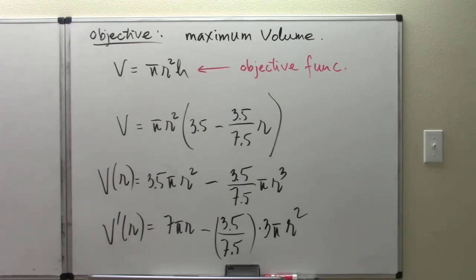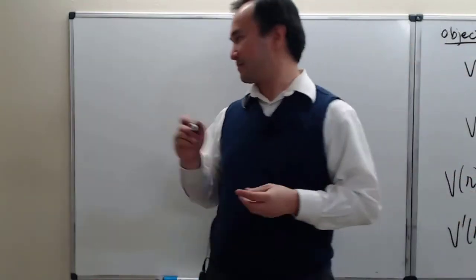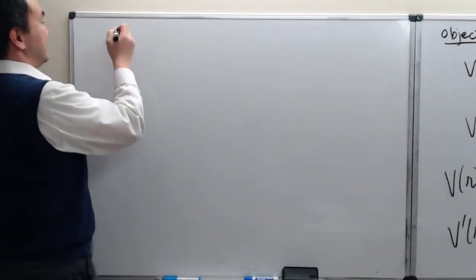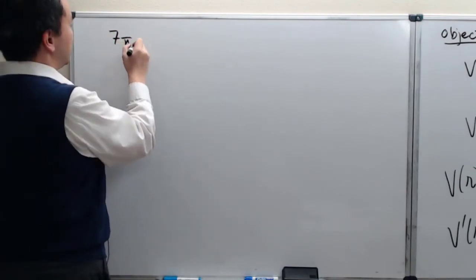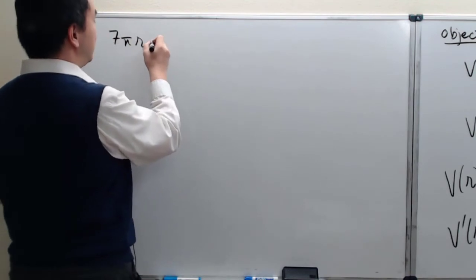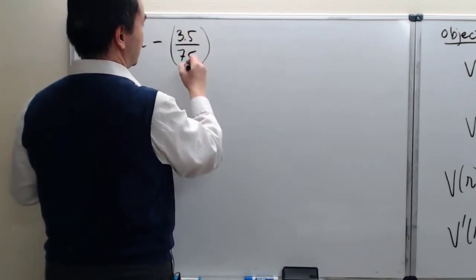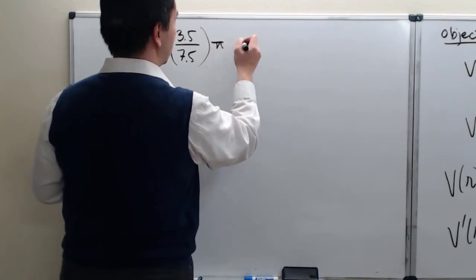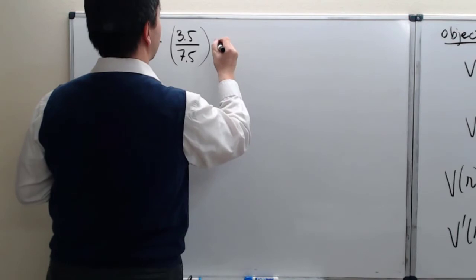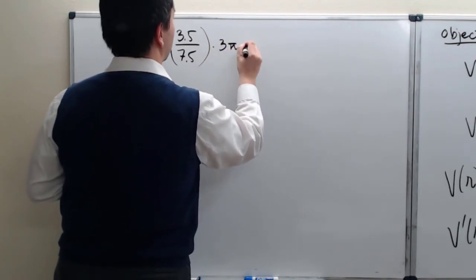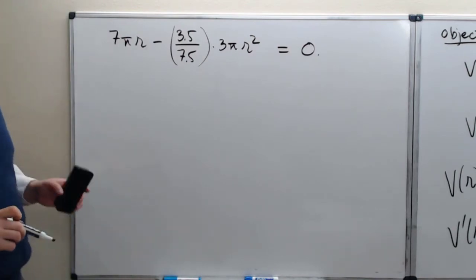Okay, so now on my other board, I'm setting my derivative, 7 pi r minus 3.5 over 7.5 times 3 pi r squared, equal to 0.